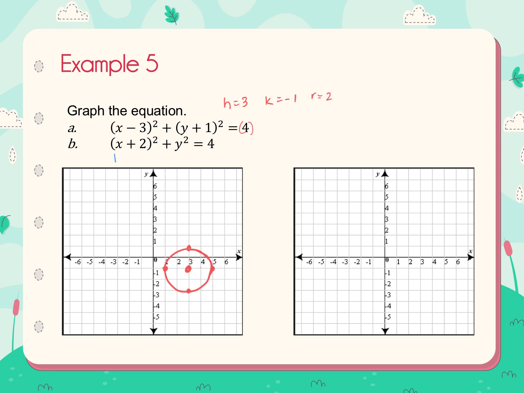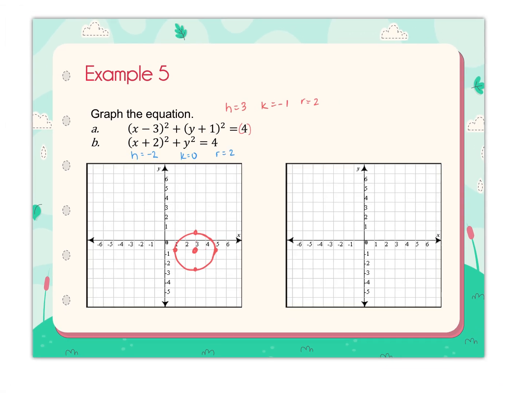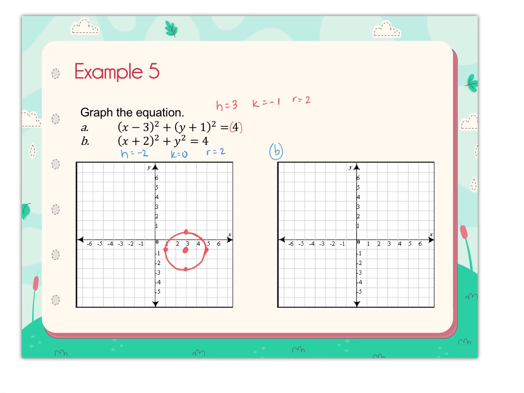So we've got h is negative 2. k is going to be 0, notice there's not adding or subtracting anything. And r is going to be 2 again, so the radius is 2 units. So again, when I come to draw B over here, this was A. When I come to draw B, I know that my center is at (negative 2, 0).